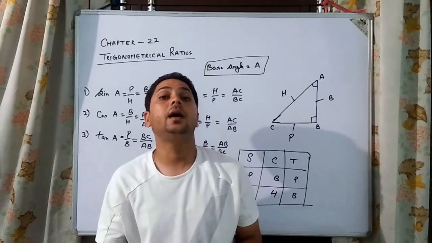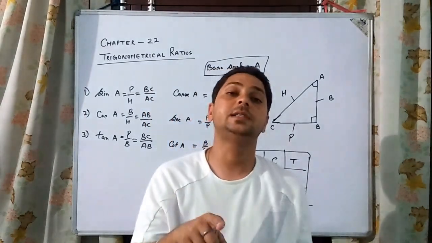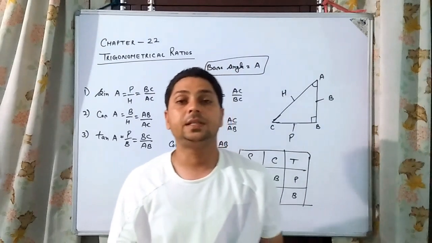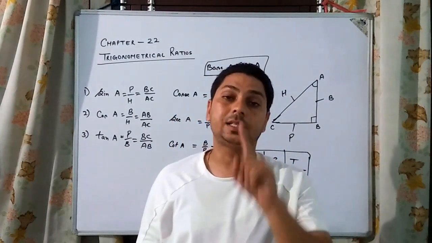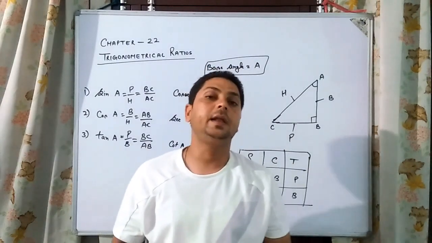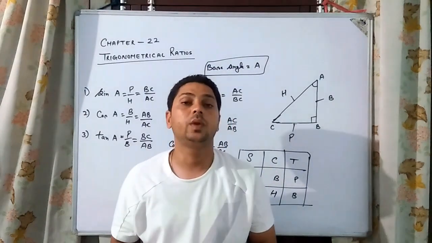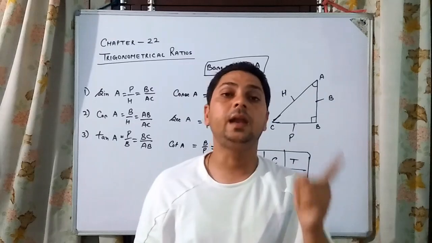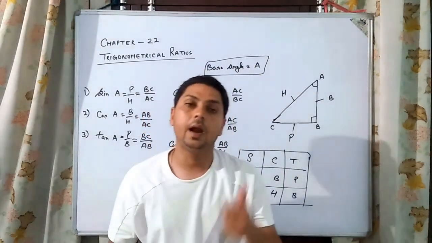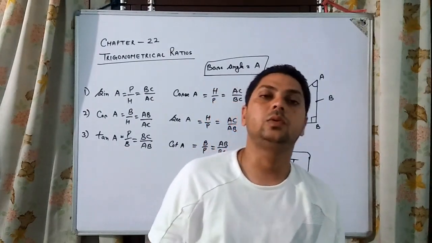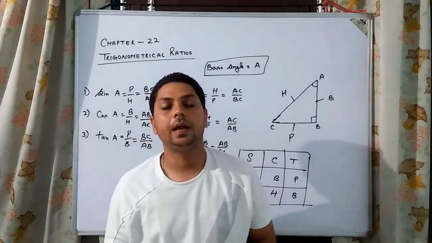First find the two angles, which angle is 90 degrees and which is the base angle. Second, the side opposite to your 90 degrees will be your longest side, known as the hypotenuse. Then the side opposite to your base angle will be your perpendicular, and the remaining side is known as your base side.